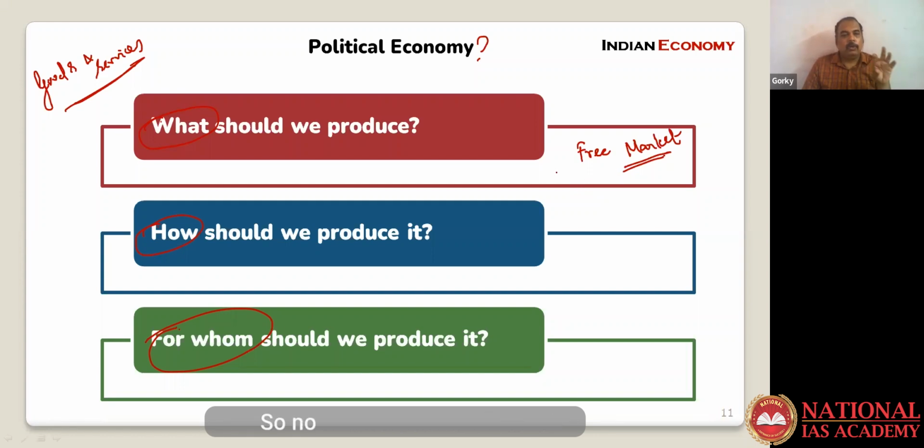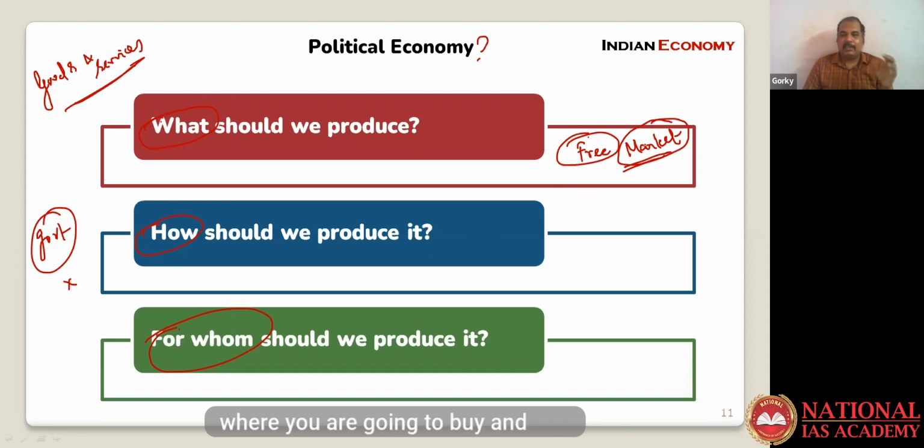So no restrictions are going to be there in this particular case by the government. The government doesn't have any restriction over these three questions. Then we call it a free market economy, because market is a place where you are going to buy and sell. In that particular place, nobody is going to question you.